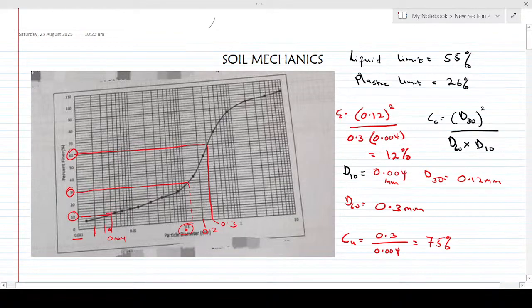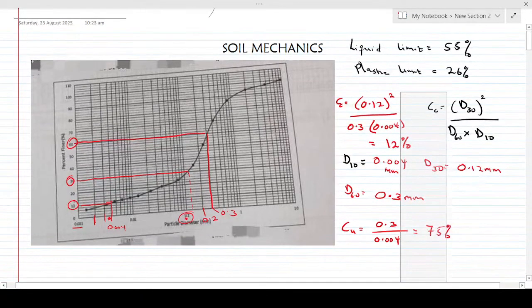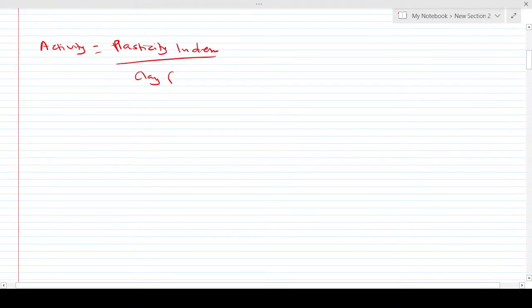Now you could be asked to determine the activity of the clay of the soil whose PSD curve has been drawn. The activity of a soil is simply the plasticity index divided by the clay fraction, right?